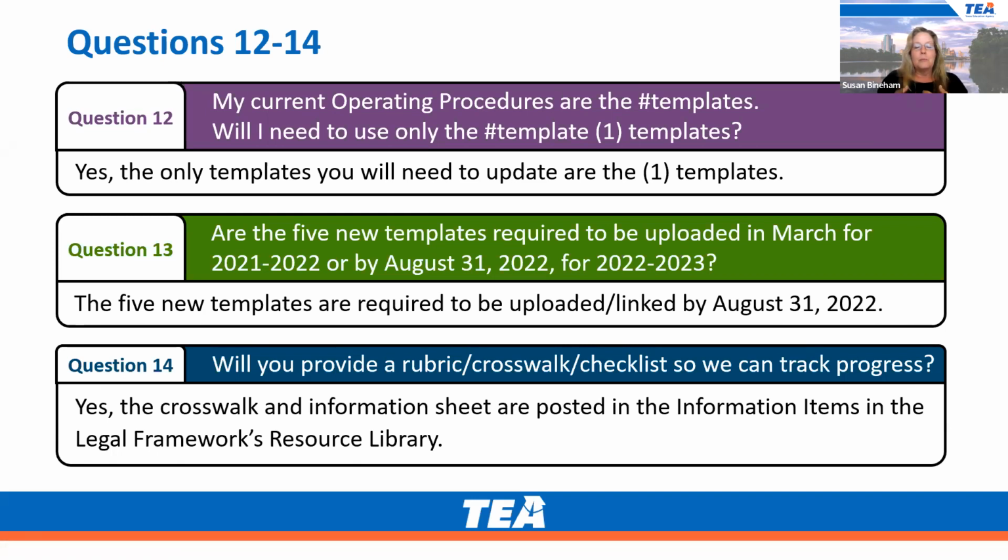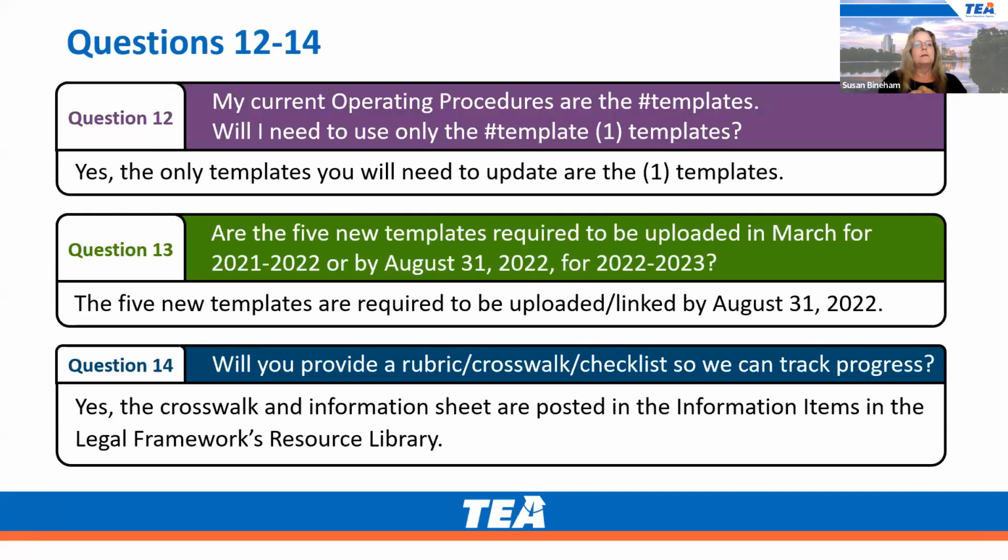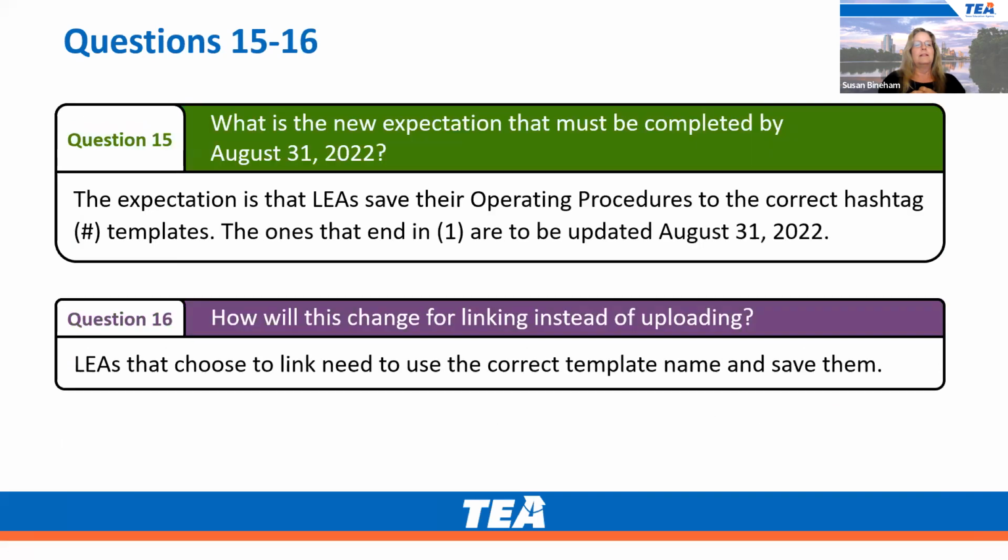Will you provide a rubric crosswalk checklist so we can track progress? Yes. The crosswalk and information sheet are posted in the information items in the Legal Frameworks Resource Library. Again, go to that library. Where do we go? Okay.